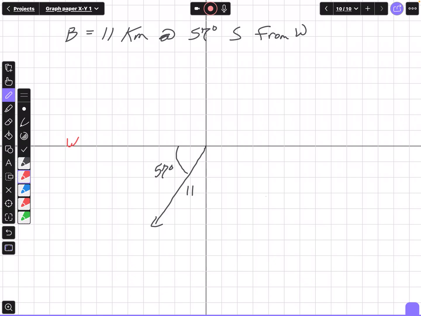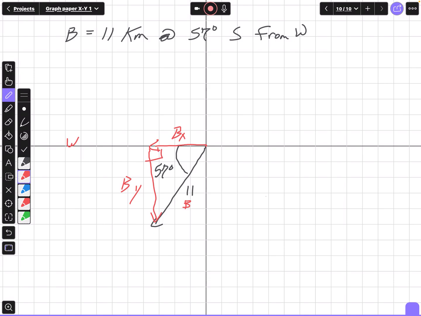It's 11 kilometers, and I label it vector B. This is my x component, which I'm calling BX, and then this I'm calling BY. It makes a right triangle right there.